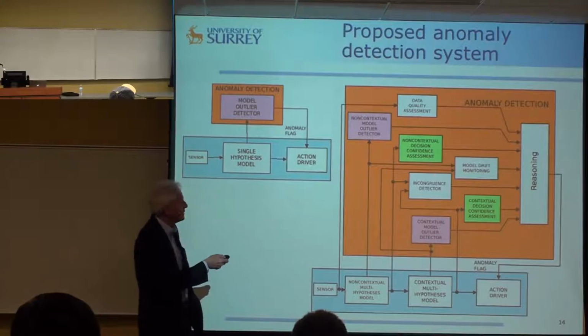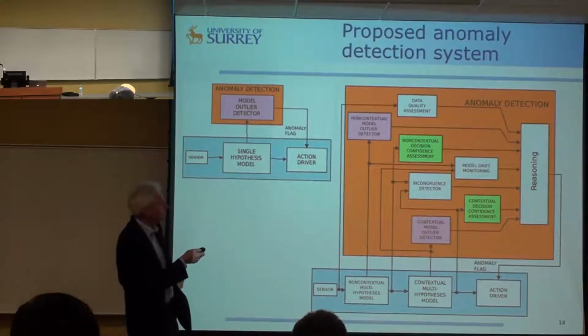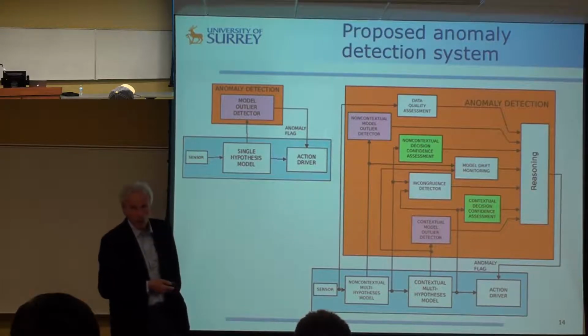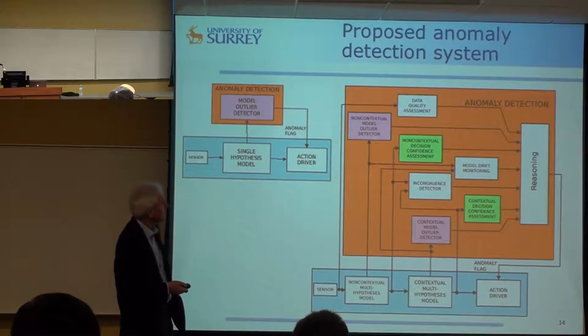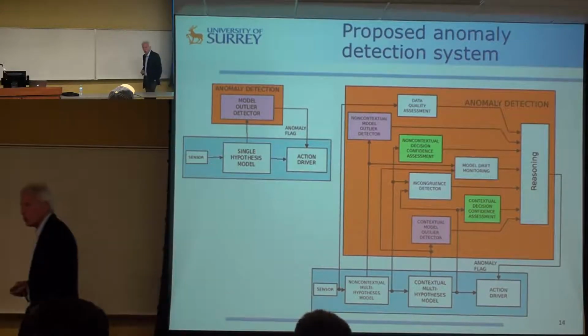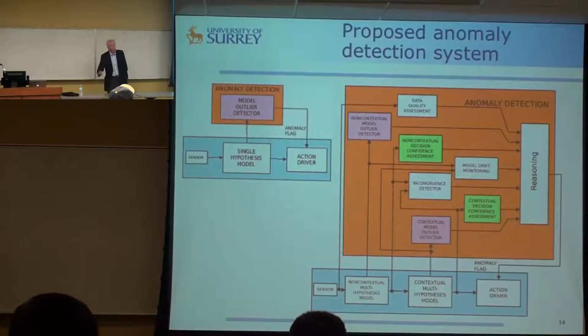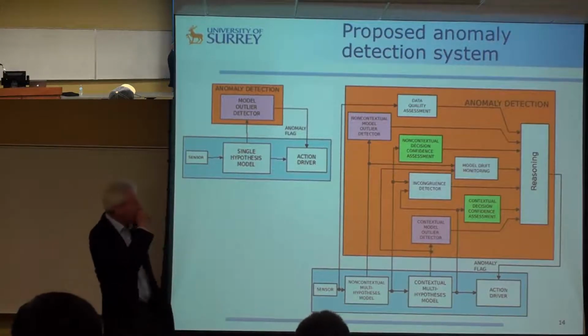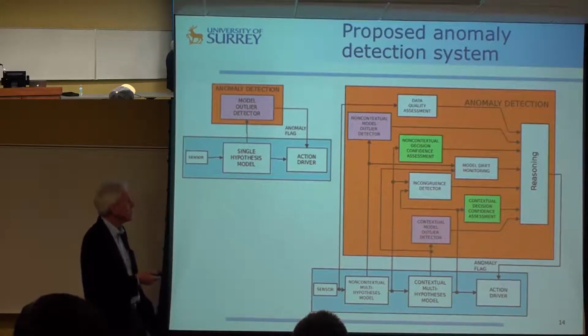So we have the incongruence detector. We need to measure confidence in our decisions, because that may also bear on anomaly detection, and we may be interested in detecting also model drift, when our models of normality are drifting, and you would not necessarily detect it from a single observation. And very importantly, there is data quality assessment.